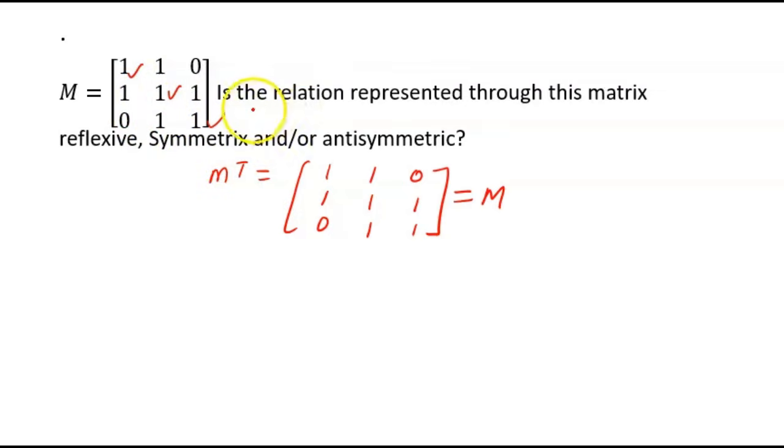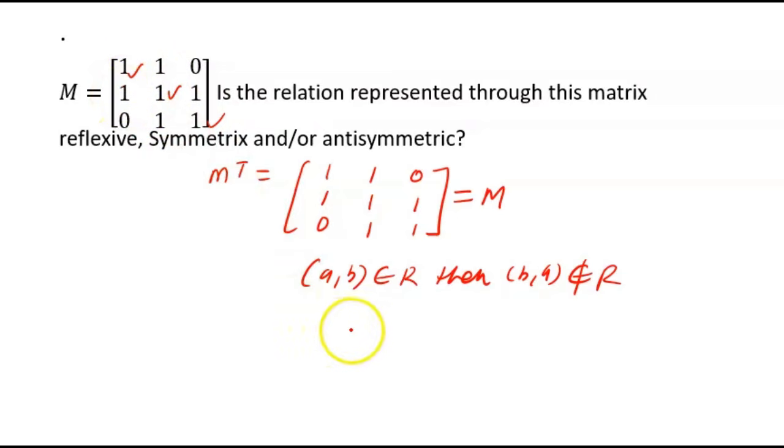Certainly it is not anti-symmetric, because the requirement for the relation to be anti-symmetric is that if we have some element like a comma b in R, then b comma a should not be in R. Yes or no? So here we can clearly see that if the a comma b element is there, meaning this element in, for example, the ith row and jth column, if it is 1, then the element in the jth row and ith column should not be 1.